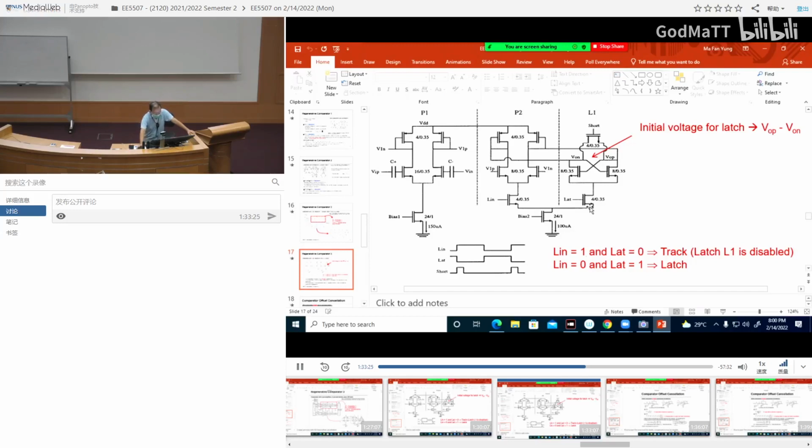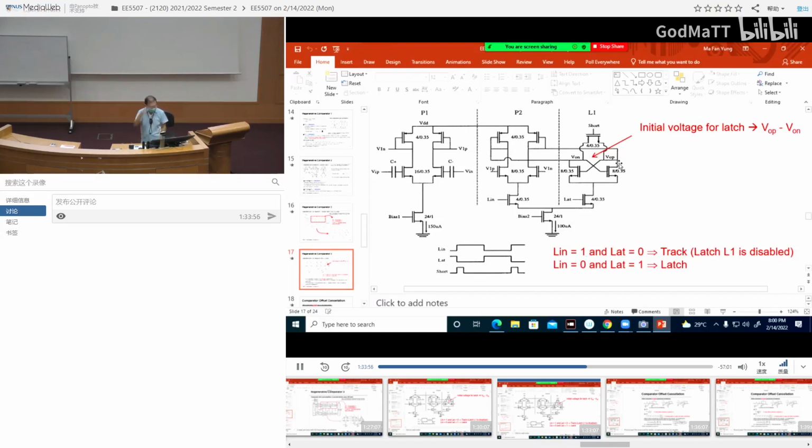And then, when I go to the latch phase, which means now this goes 0, I turn this guy off, I turn this on, so this current will now pull current through here. Okay? And then as you pull current through here, depending on the voltage difference of this and this, it will pull these two output nodes by positive feedback.